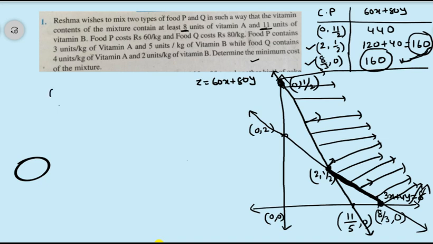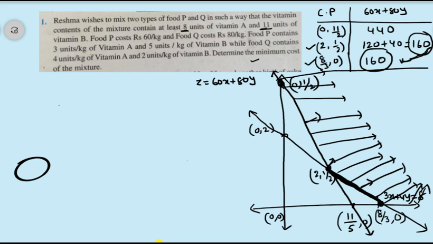So what is the information we got? For 60x plus 80y, the minimum value we got is 160. That means 60x plus 80y is always greater than or equal to 160. So let us assume a contradiction for this.